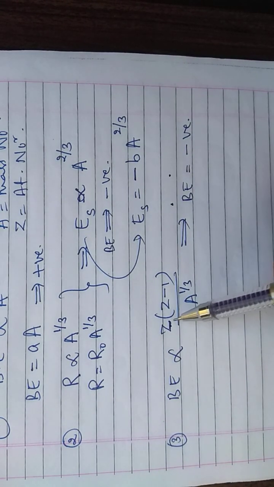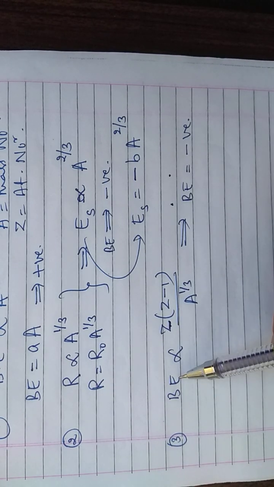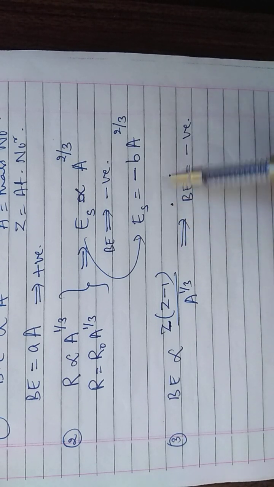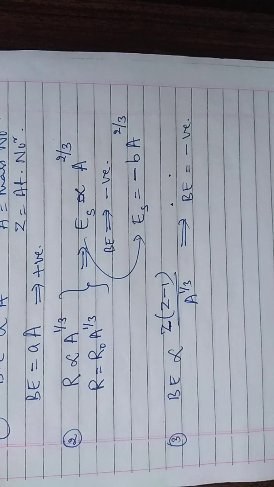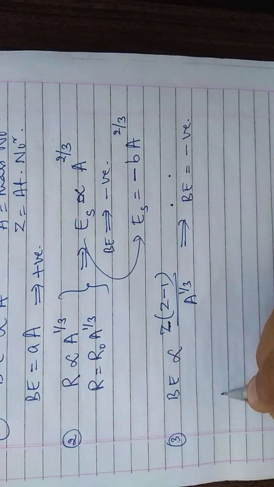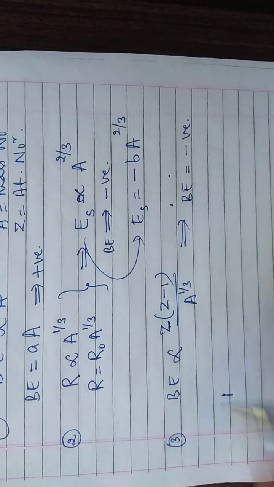As the number of protons is more and more, the binding energy, instead of increasing, goes on decreasing because of the electrostatic force of repulsion between the protons.